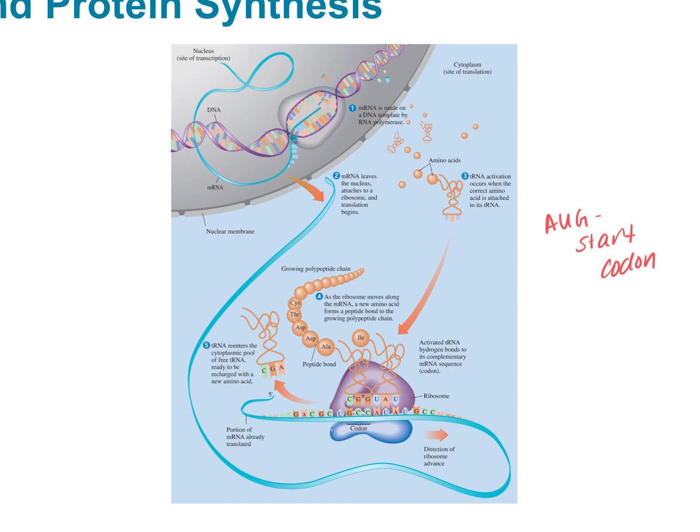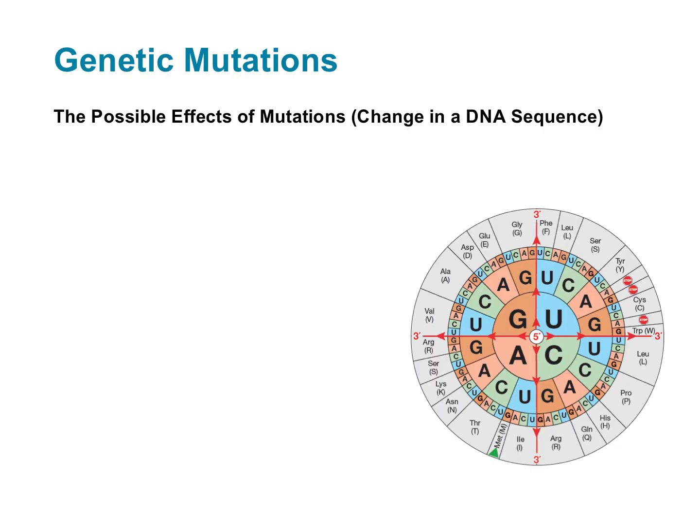Now, I'm sure the burning question in your heart is, what happens if there is a screw up, right? Well, that's called a mutation, and that's just a change in the DNA sequence. And sometimes we can have silent mutations, right?